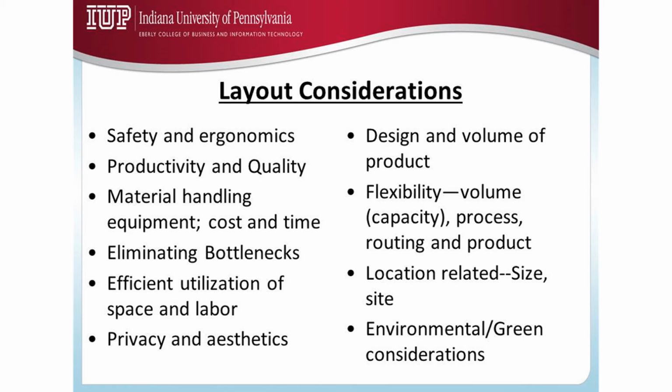Process flexibility. If you want to change the process in which you're manufacturing the product or delivering the service. Routing flexibility. So that is the way that you're producing, from what work center to what work center the flow of production is taking place. If you want to change that, you should be able to. And the last flexibility is product flexibility. You don't want to have a very stringent assembly line where you can produce one and only one product.